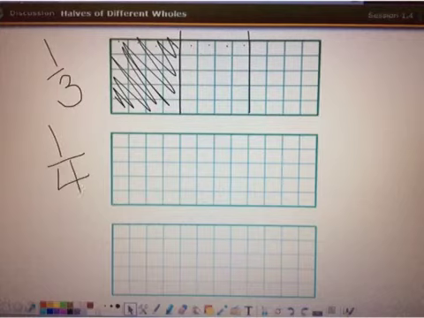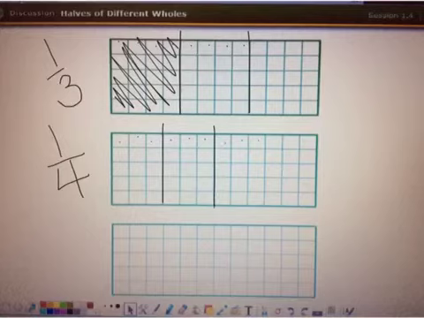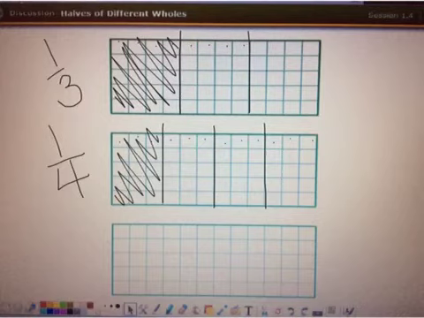Again, I'm noticing that I can't go horizontally because if I do, I'm not using the lines in the rectangle. So instead, I'm going to do 12 divided by 4 is 3, so I know I can do 1, 2, 3, and then 1, 2, 3, and 1, 2, 3, and I have 4, which is my denominator, and then I can shade in 1 to make 1/4.